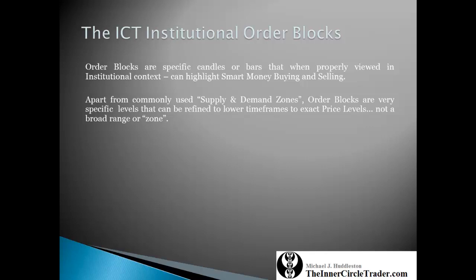My beginning point in understanding all of this, before I was involved in the institutional side of trading, was the common swing point in market structure, which is a low that's surrounded by a higher low candle on either side of it.